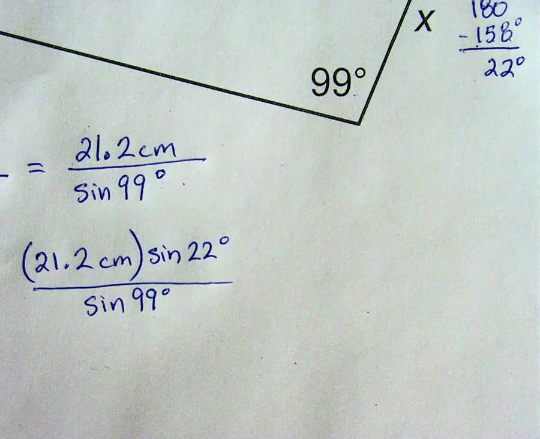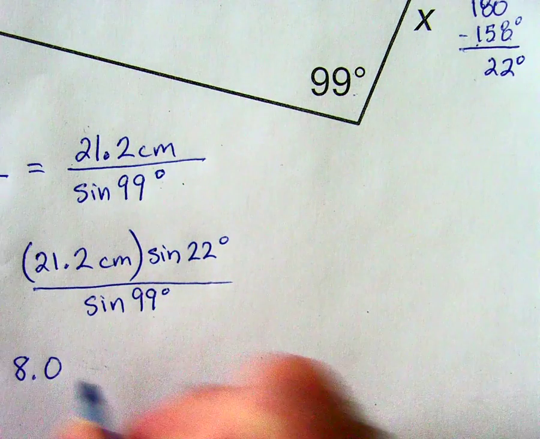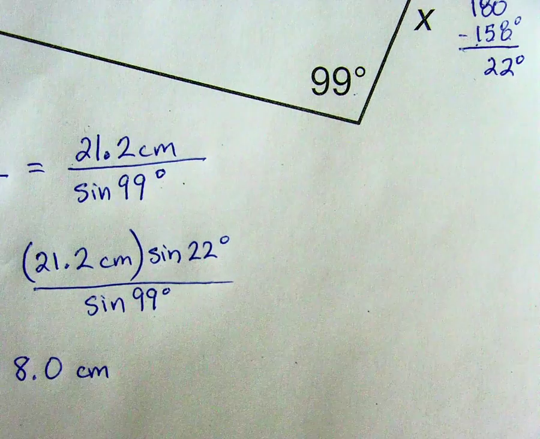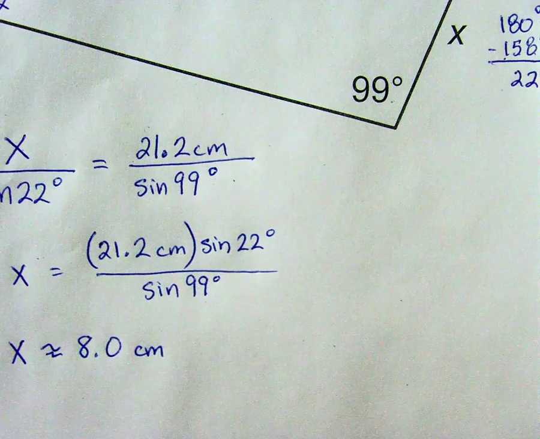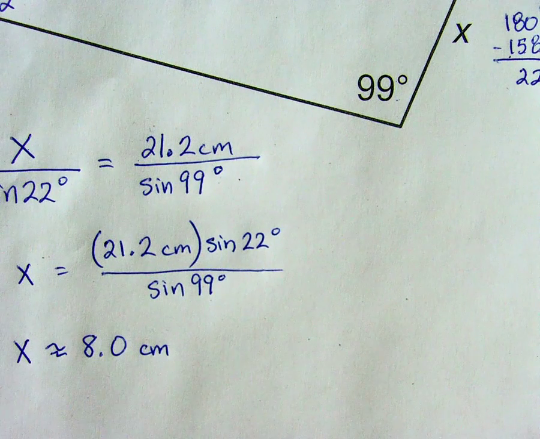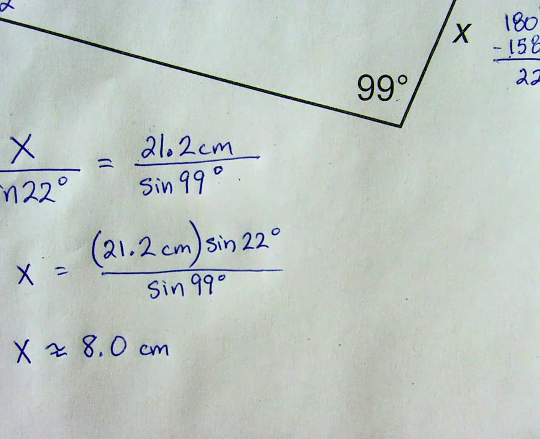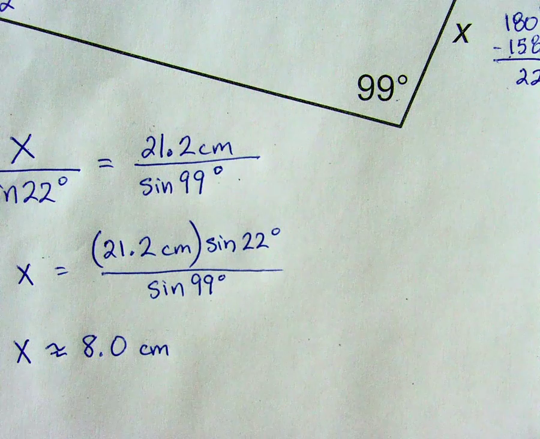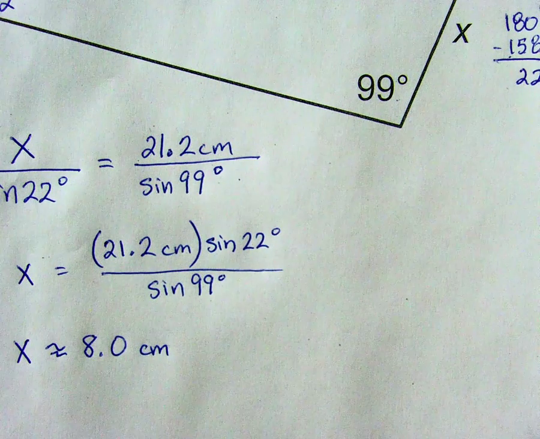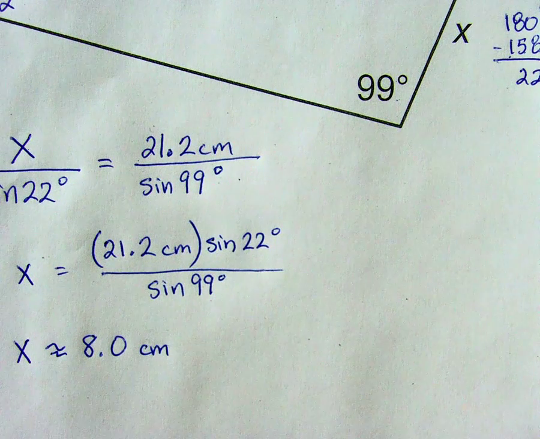Yes, there's a 0 there. No, it's not the same as just saying 8. Because 8 could be anywhere from 7.5 to 8.4, whereas 8.0 could be anywhere from 7.95 to 8.04.